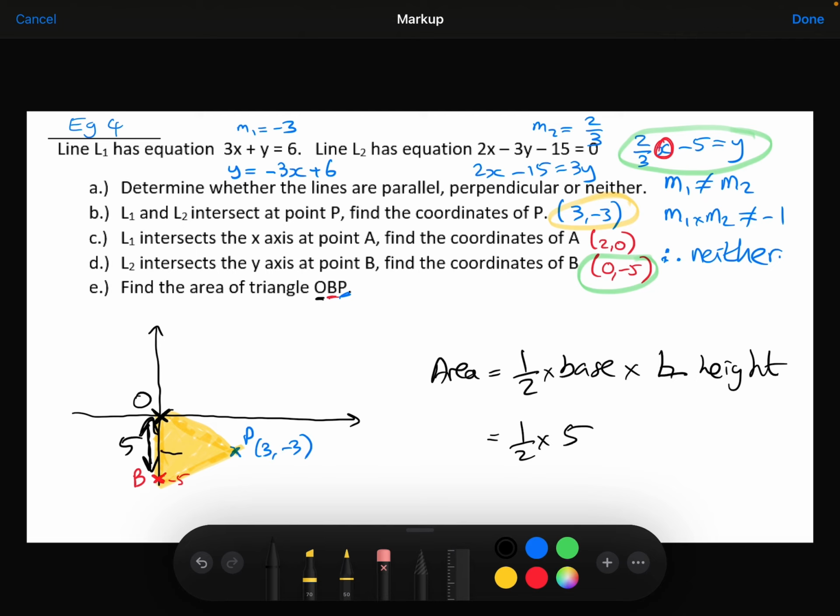And the perpendicular height of this triangle here is going to be the x coordinate of P. This is 3. So half of 5 times 3 is 15 over 2, or 7.5 units squared.